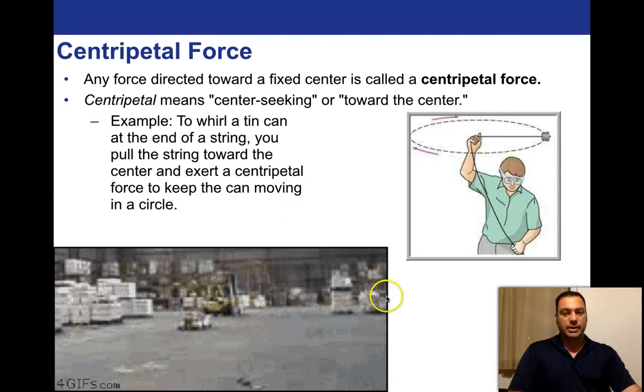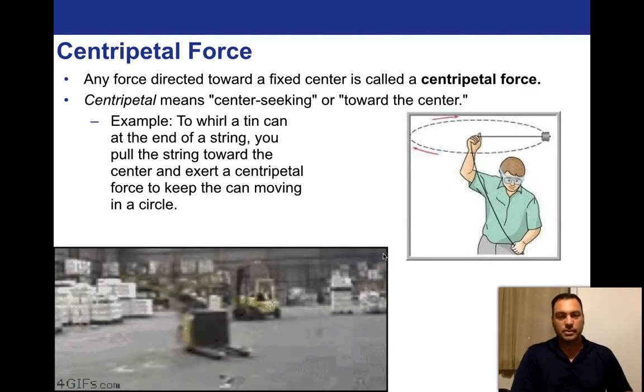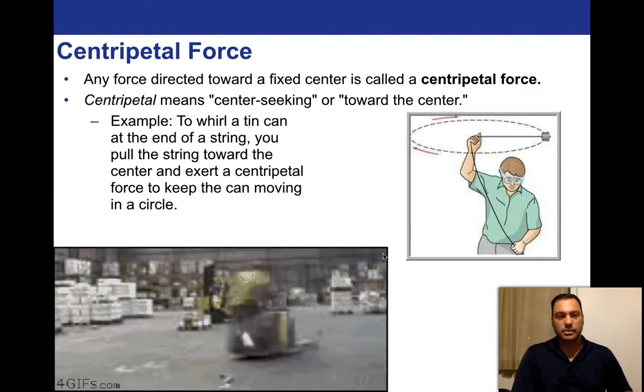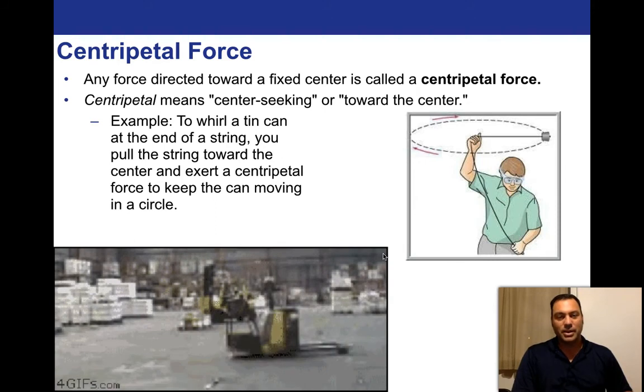And here we see, this is kind of a cool image of somebody else learning the hard way about centripetal force. So notice that when this experiment happens, which is not really an experiment, the guy's just showing off, obviously, that when he lets go, both the forklift that he's driving and himself stop rotating.